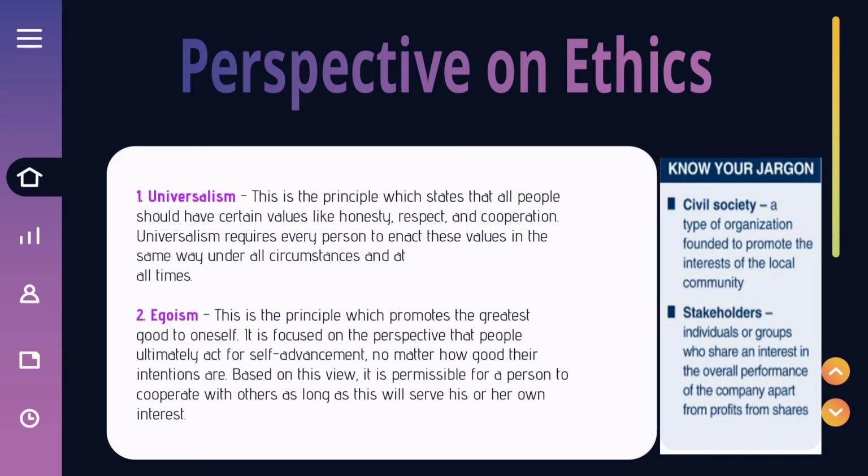Second guiding principle in perspective on ethics is egoism. This is the principle which promotes the greatest good to oneself. It is focused on the perspective that people ultimately act for self-advancement, no matter how good their intentions are. Based on the view, it is permissible for a person to cooperate with others as long as this will serve his or her own interest.